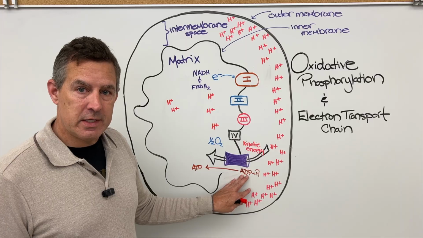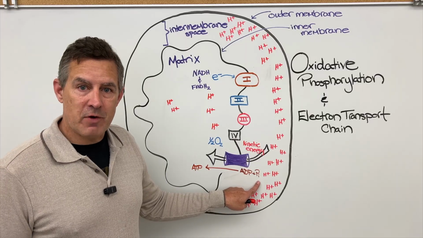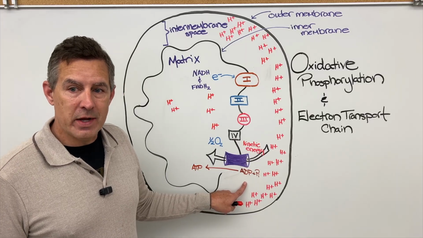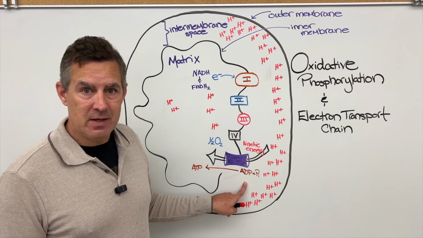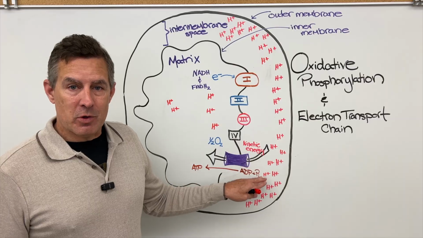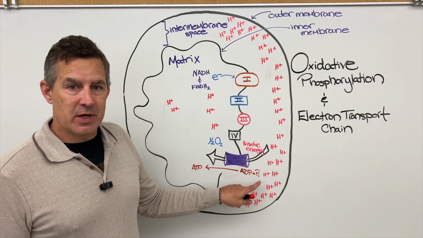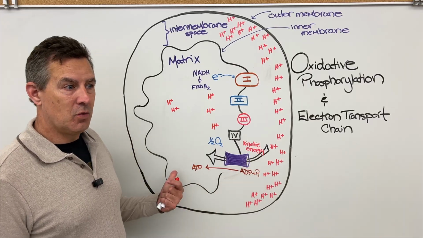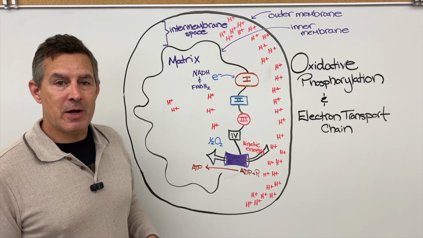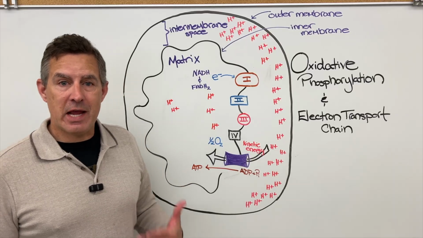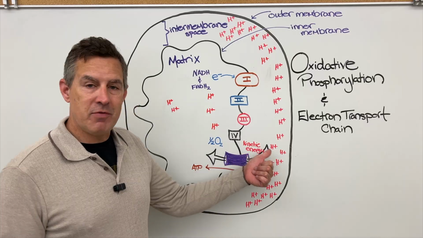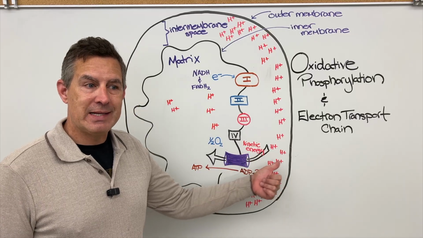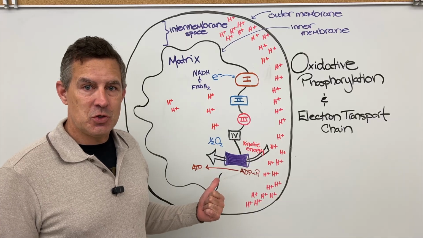And that's what we see right here, one inorganic phosphate and one ADP, otherwise known as adenosine diphosphate. If you couple or attach this inorganic phosphate to ADP, we're going to make ATP. But we need energy to do that. The energy that is going to be used to do that is the kinetic energy of the hydrogen ions moving down their gradients into the matrix.